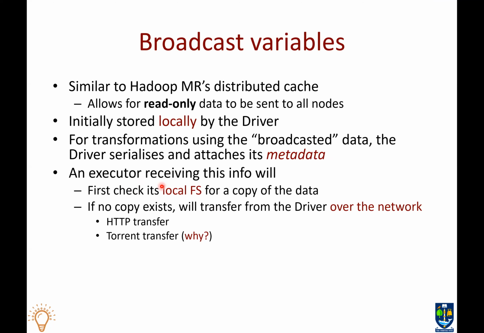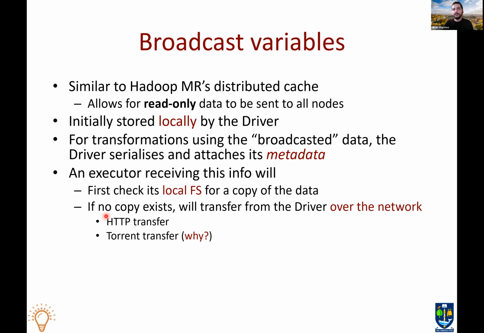So the executor will first check whether it has it already stored locally. Maybe it has it because it retrieved it for some task that was executed earlier. So it will check whether it's locally stored, and if not, then it will connect to the driver over the network and copy it.